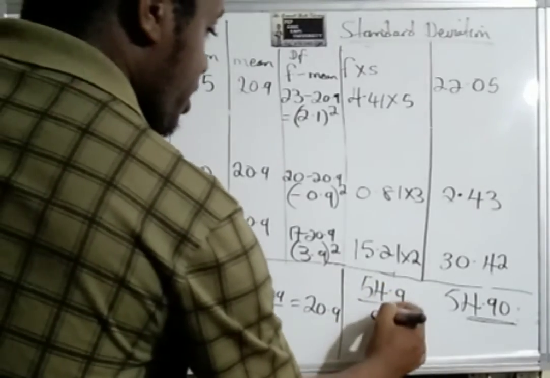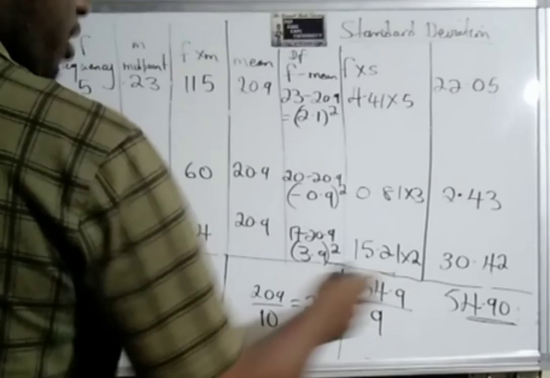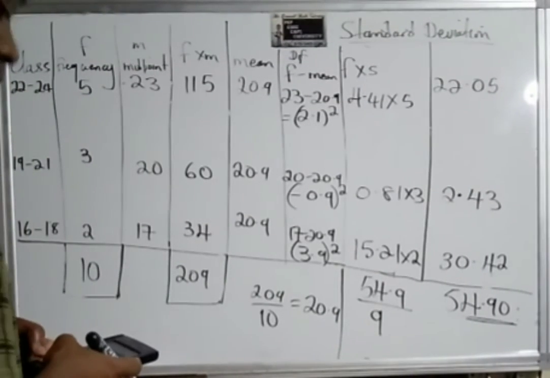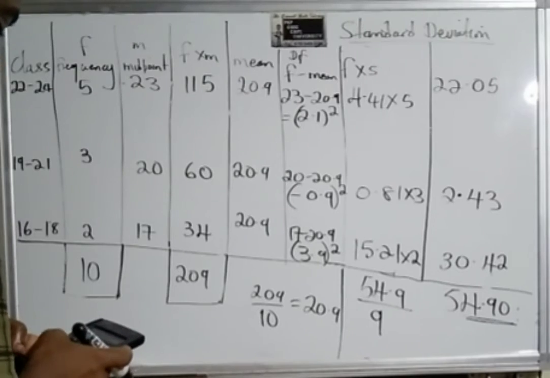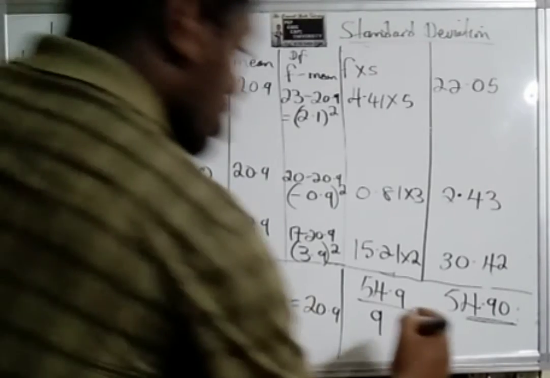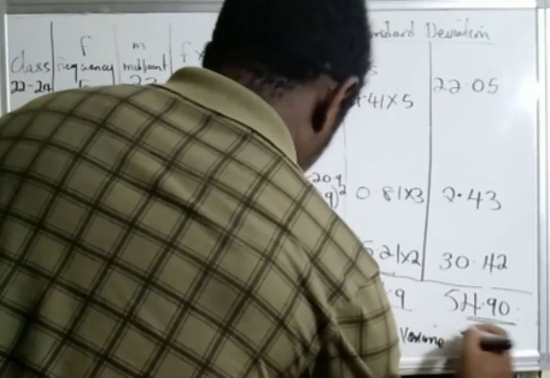So you divide by 9. You don't need to memorize the formula, that's the process, right? So 54.9 divided by 9, not the 10, will be 6.1. So the variance is 6.1.